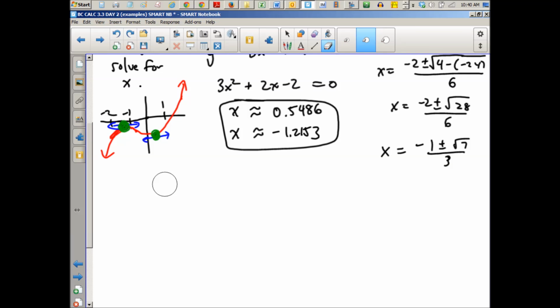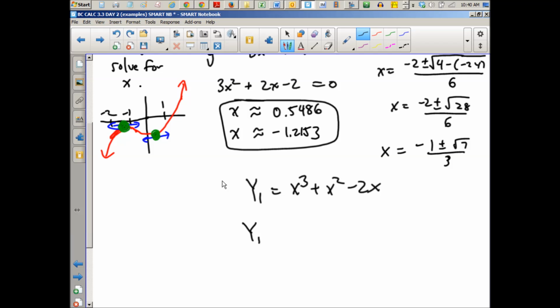Okay, so the easiest way to do this on the calculator is to enter the function they gave us as y1. So just entering x cubed plus x squared minus 2x. And then going to the home screen, we could type y1 of 0.5486 and y1 of negative 1.2153.